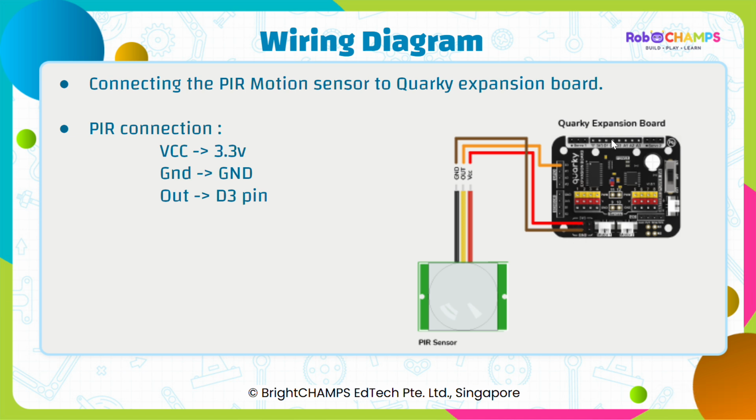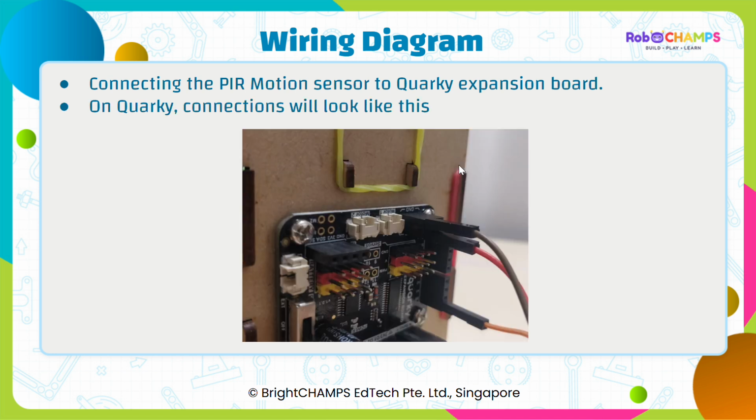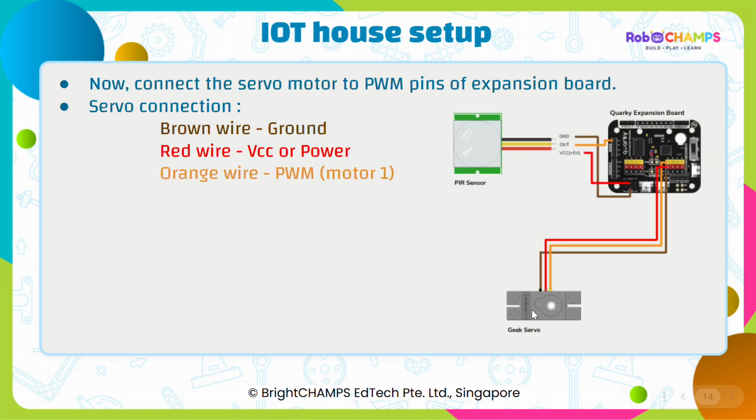And of course the servo 1, servo 2, and all of this will be connected to the Quarky board. And here we have the servo which opens the door. We'll connect it with yellow, red, black, to any one of those.